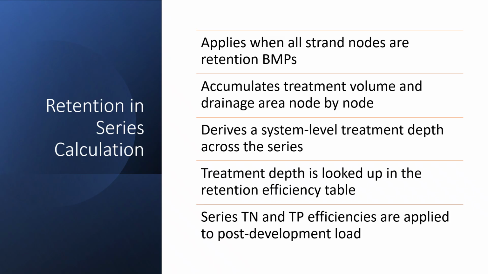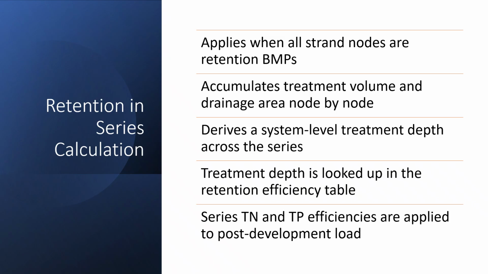Once those cumulative values are established, dividing the total retention volume by the total contributing area gives you what's called a system treatment depth. This depth represents, on average, how deeply the combined set of basins is treating the runoff flowing through the system, essentially a blended measure of the collective storage capacity relative to the land draining into it.